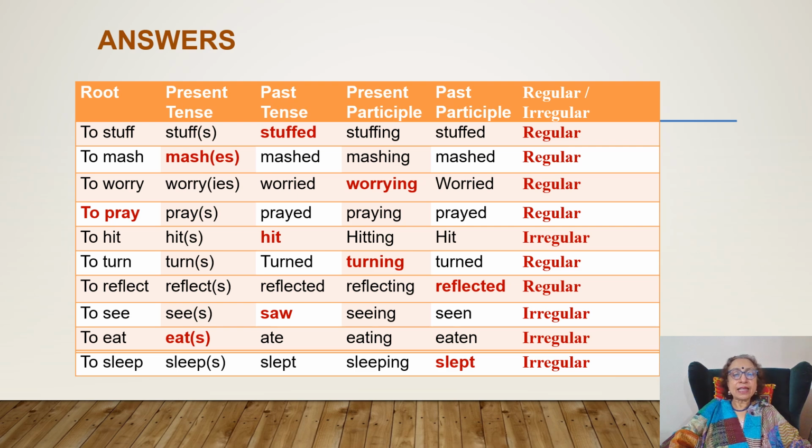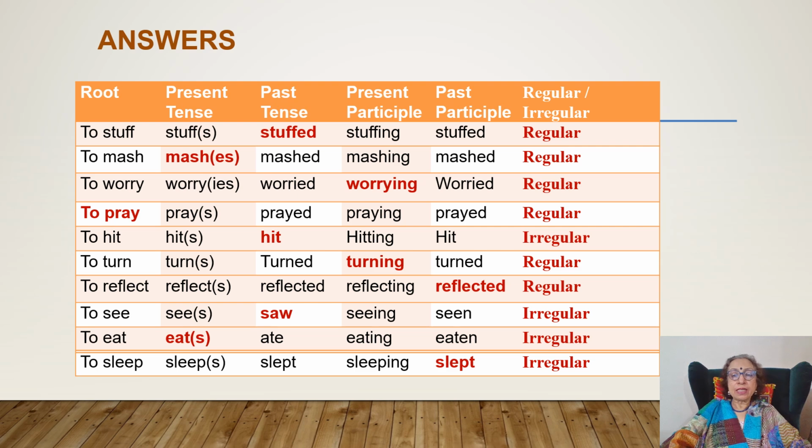Then in the next verb, past tense was missing. It is hit, the same form for present, past, and past participle. It's irregular because it doesn't follow the regular pattern. To turn, the next verb, missing was present participle.